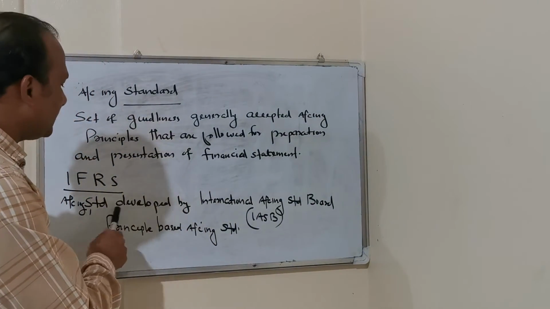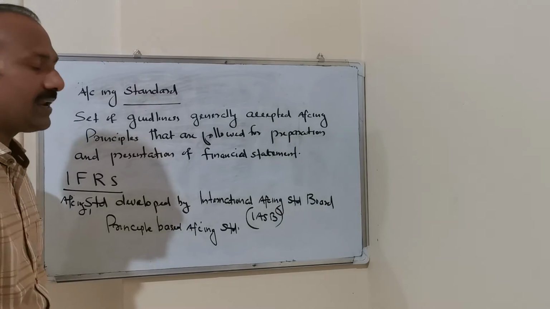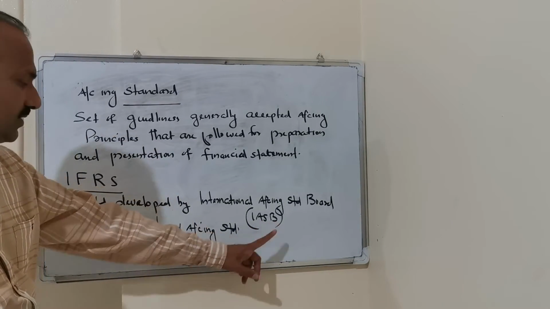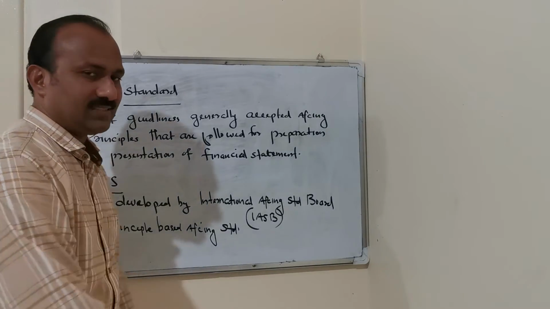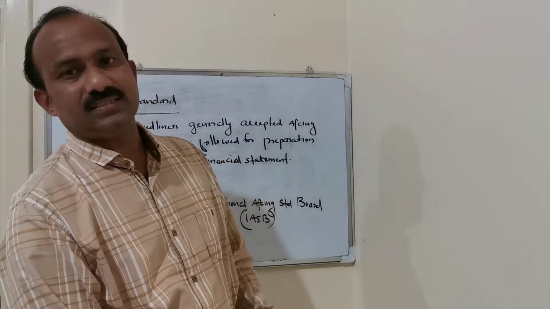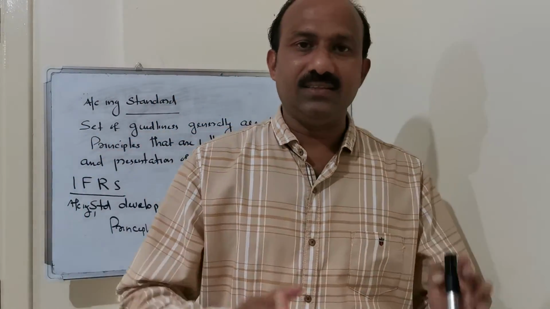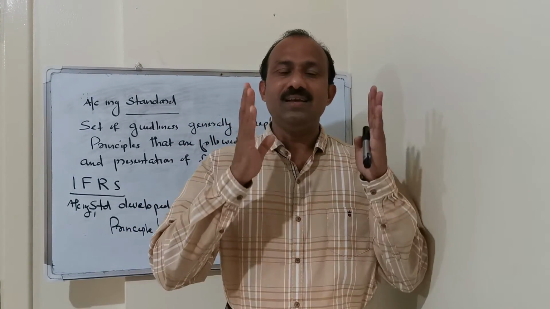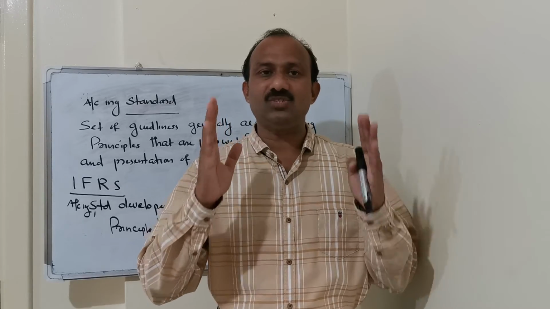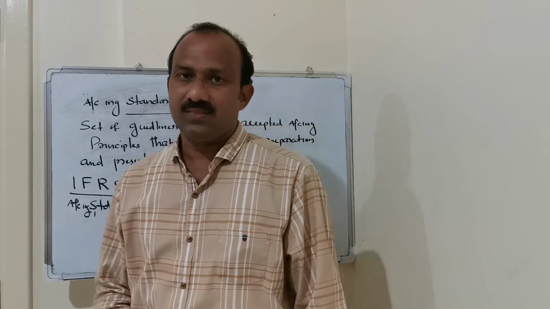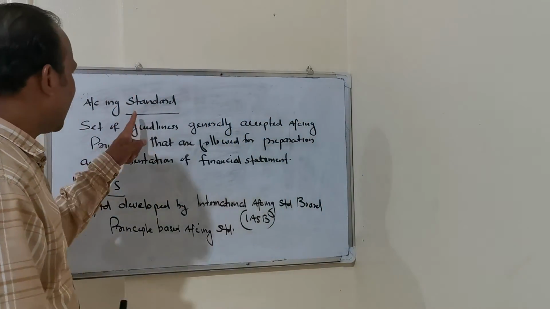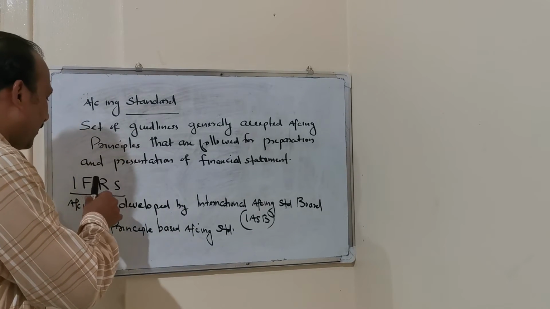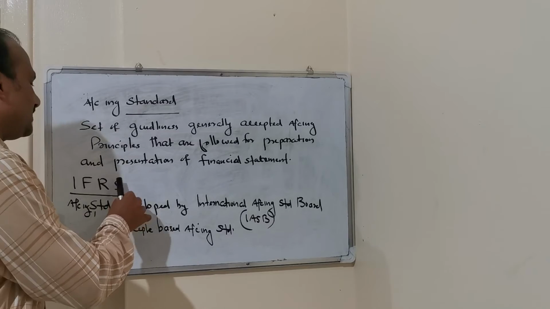This accounting standard is developed by the International Accounting Standards Board, IASB. They are known as principle based accounting standards. This accounting standard is based on principles. That is why this is a principle based accounting standard. Therefore, two points are there. One is accounting standard and the second one is IFRS, International Financial Reporting Standard.